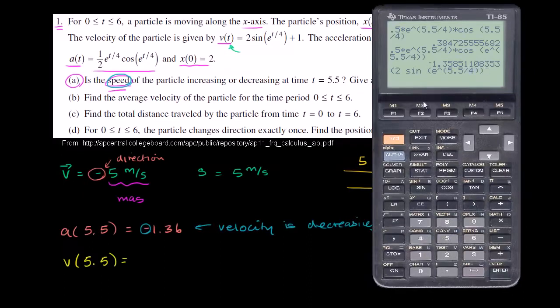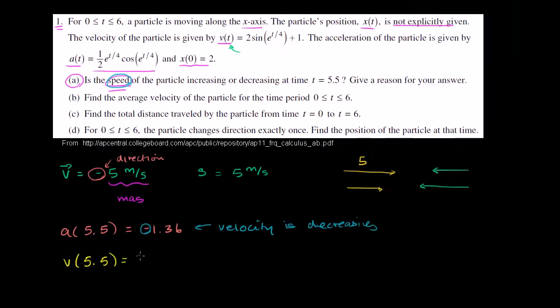So I did that part right over here. And I'm going to close the 2 as well. And then plus 1. So this is our velocity. So our velocity at time 5.5 is negative. So negative 0.45, roughly.